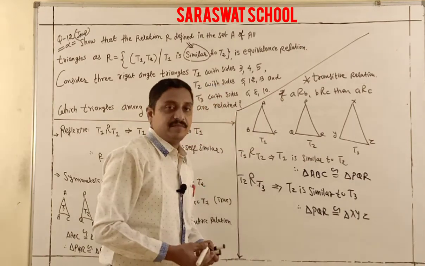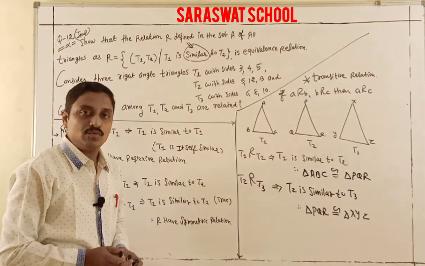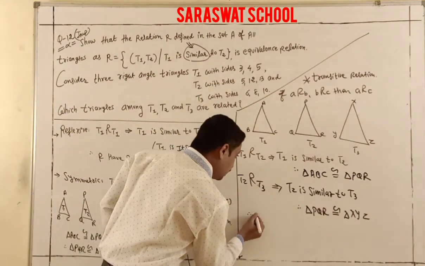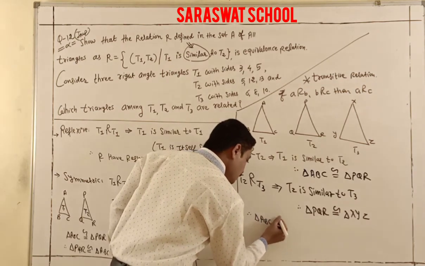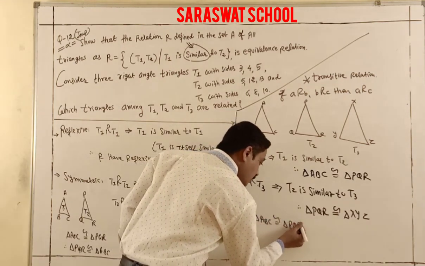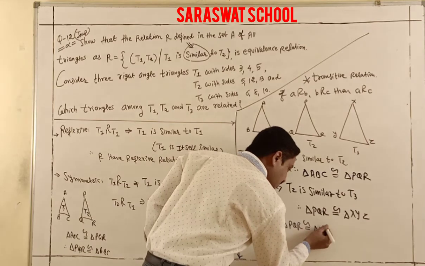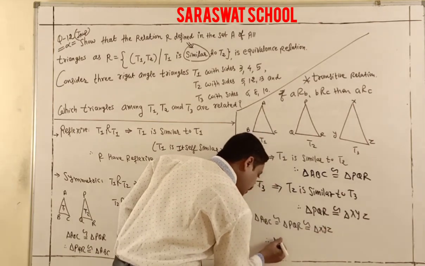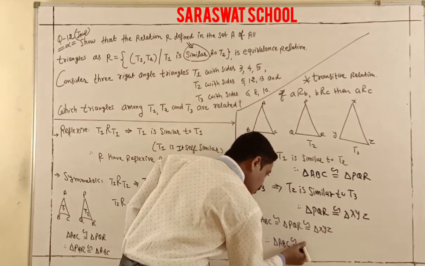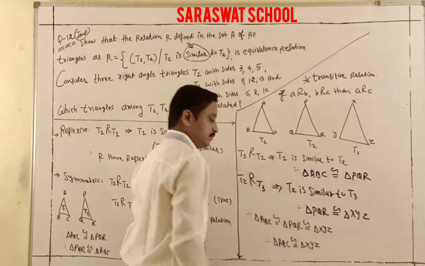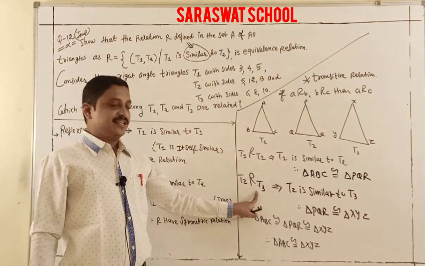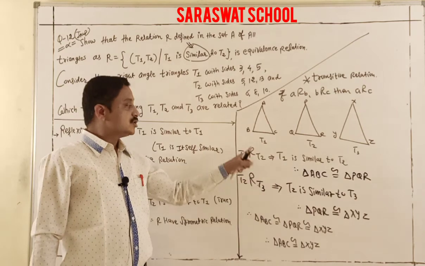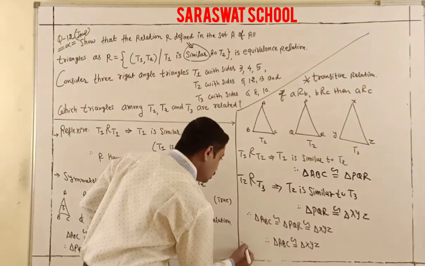So finally ABC to PQR, and PQR to XYZ, so ABC to XYZ. It means T1 and T3 are definitely related.